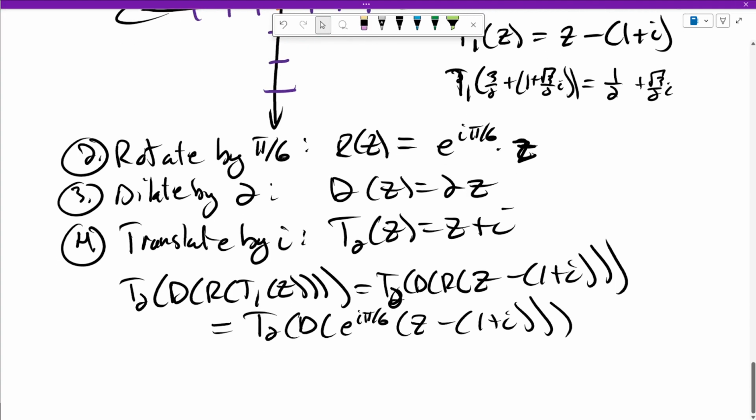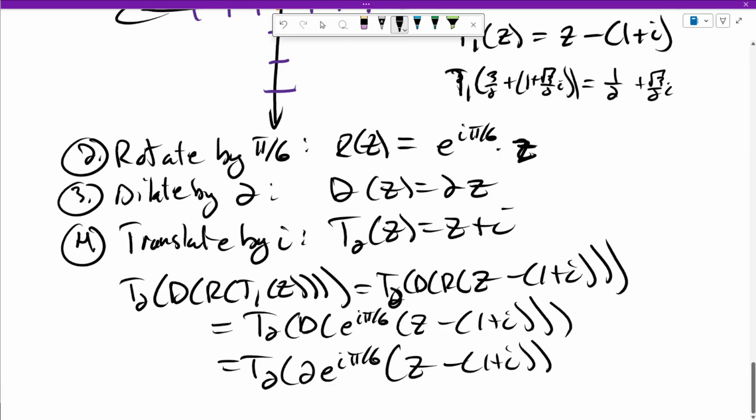Okay, and in a second we'll worry about what that is. D is the multiply by 2 function. And then finally, T2 is the add i function.